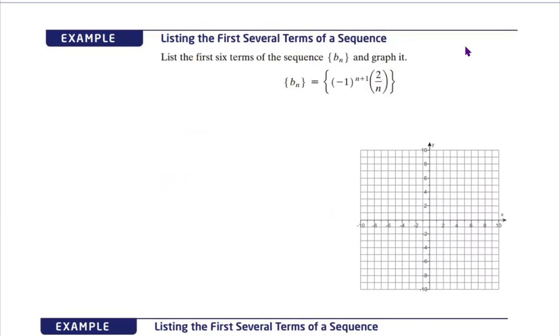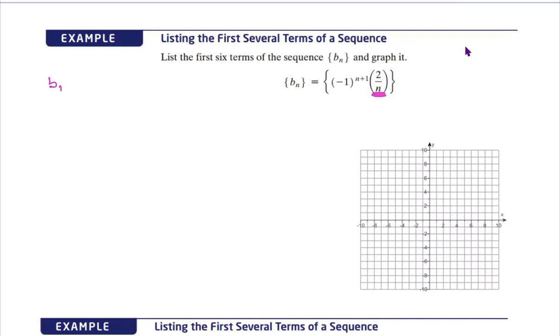Over here it says list the first 6 terms of this sequence, b sub n, and graph it. So that's the same thing. We're going to find b1, because we cannot divide by 0, so we should start with 1.